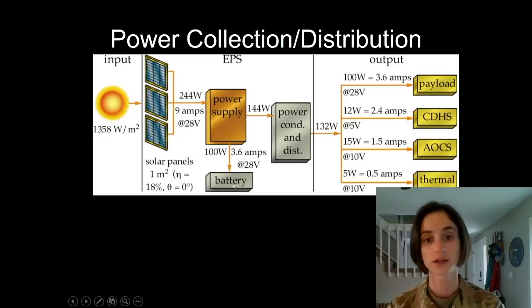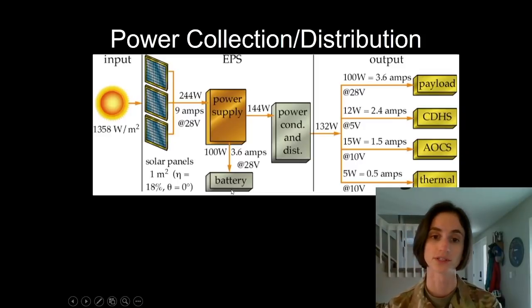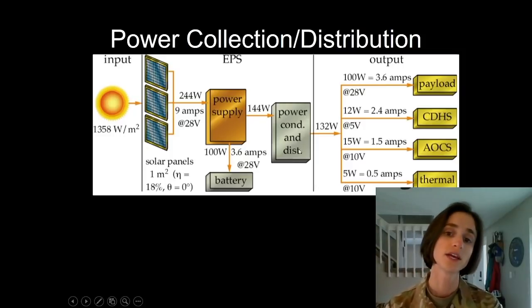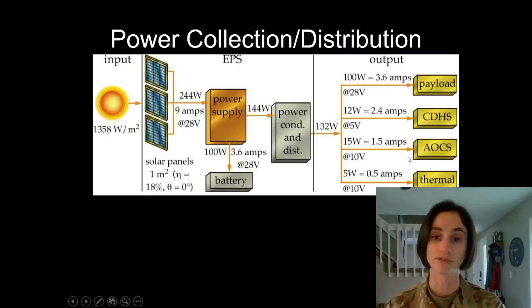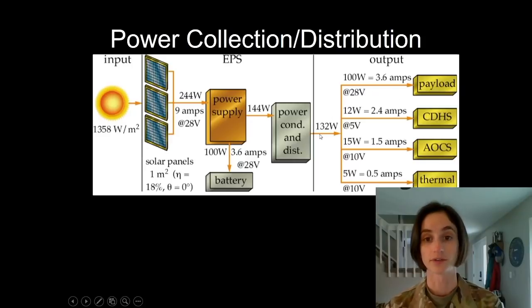The power supply will supply the batteries, so that those get charged up while you're in sun, nice and topped off. And then there will be some amount of power that also goes into power conditioning and distribution. And you need to have enough power coming out here to supply all of those little individual components.